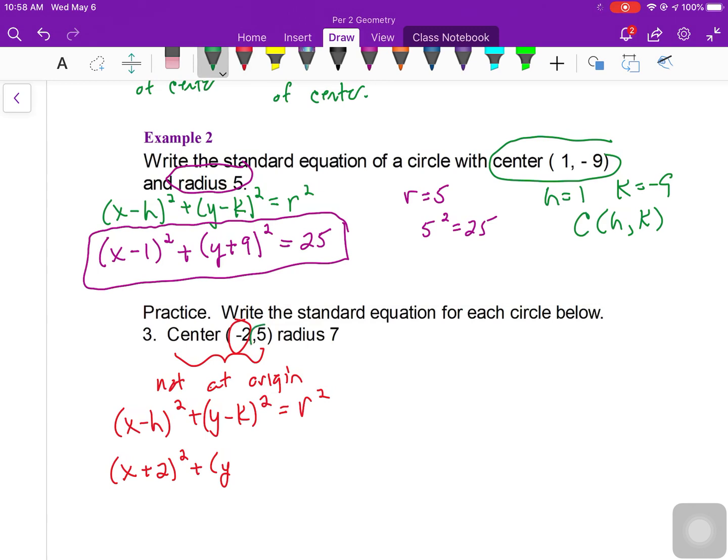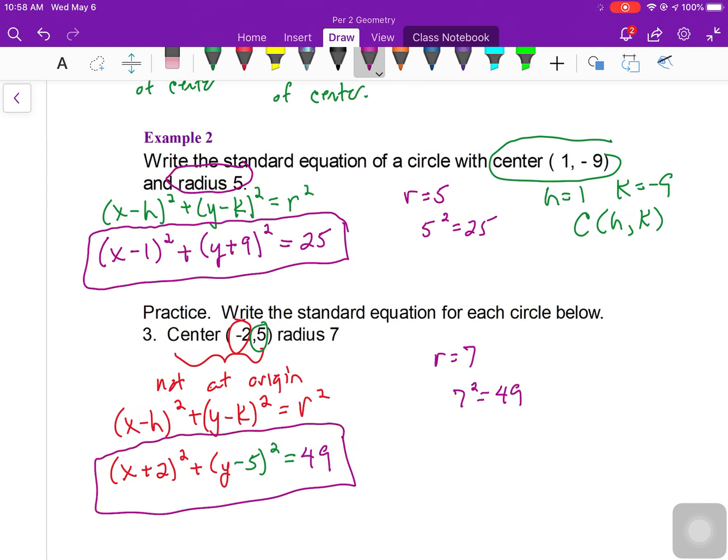And we need to put the opposite of the y coordinate. So the opposite of 5 would be negative 5. And then we need the radius squared. The radius was given to be 7. 7 squared would be 49. So on this side we get 49. That would be our equation in standard form.